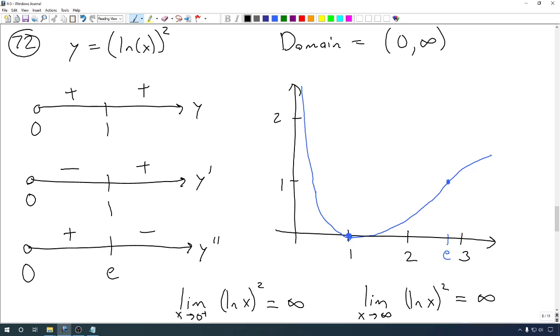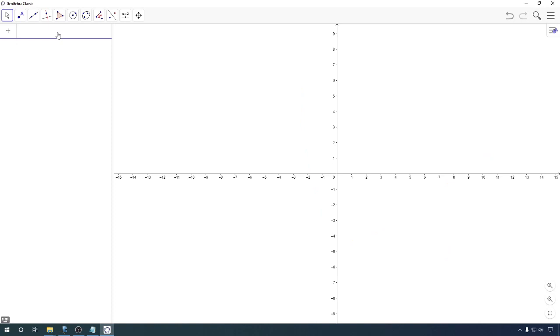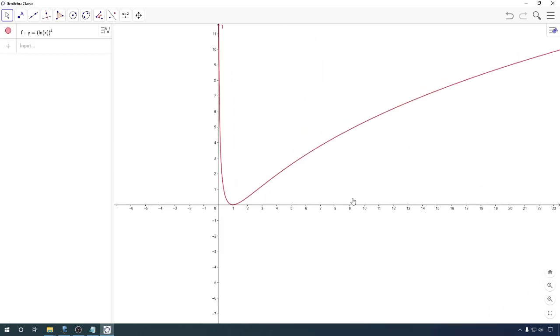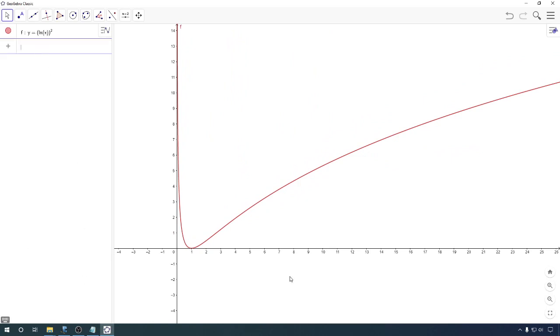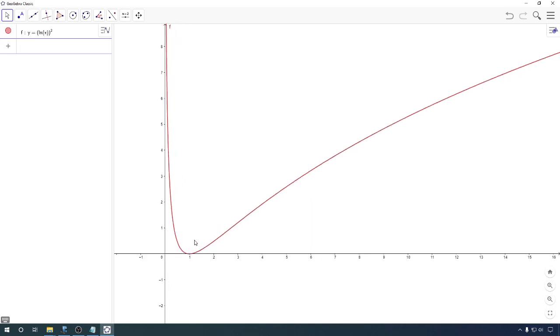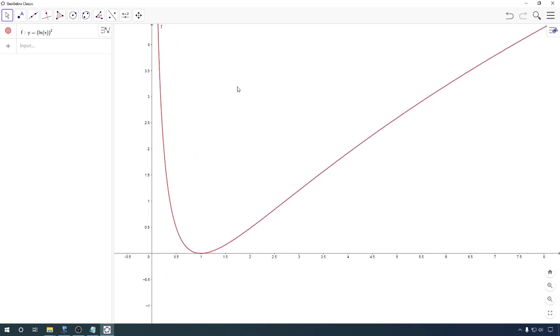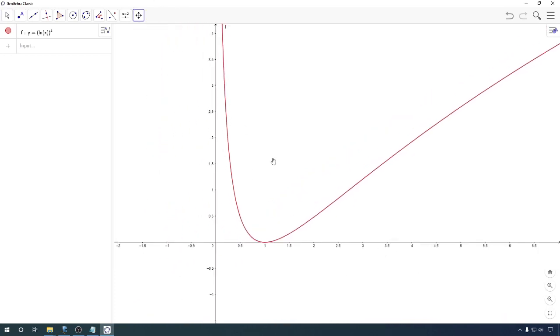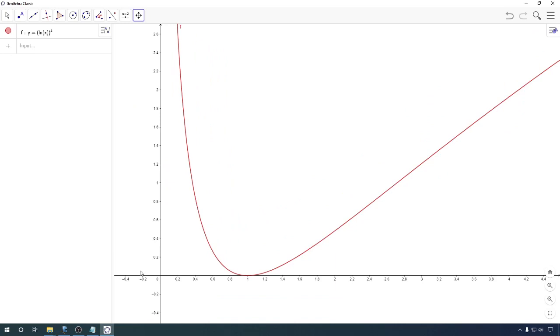We can go ahead and actually take a look at this in GeoGebra too. So our function is y equals the natural logarithm of x squared, and we get this shape here. Of course, the graph that we drew is actually a lot more zoomed in than what we have here. We could zoom in so that, yeah, from 0 to 3 and from 0 to 2, we get this shape here.